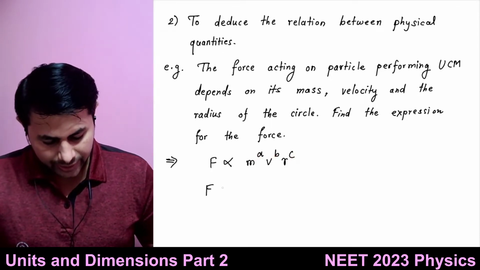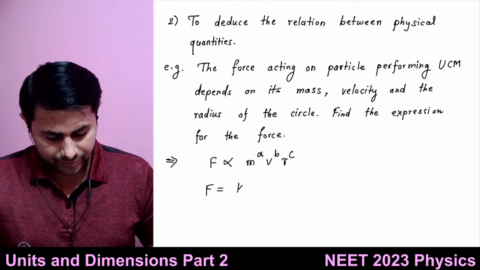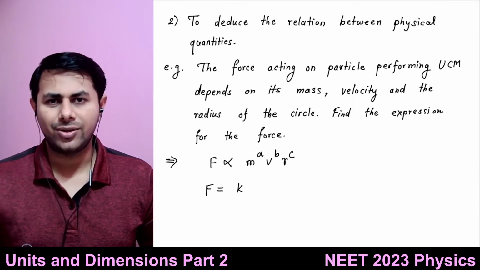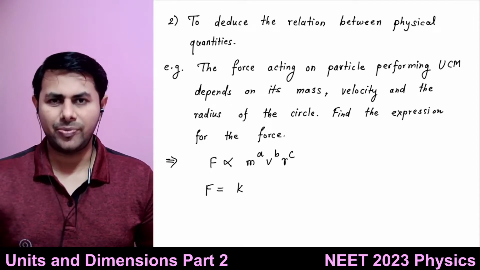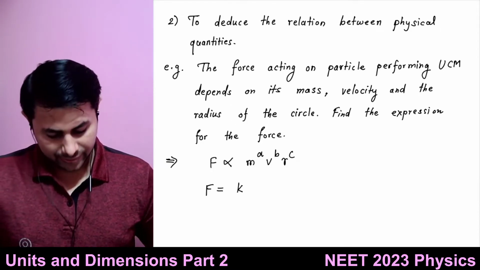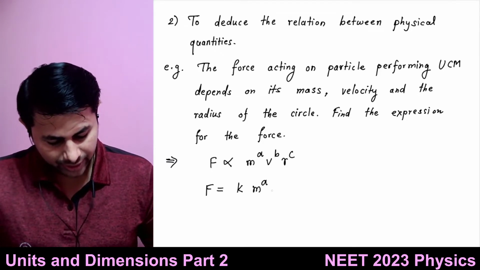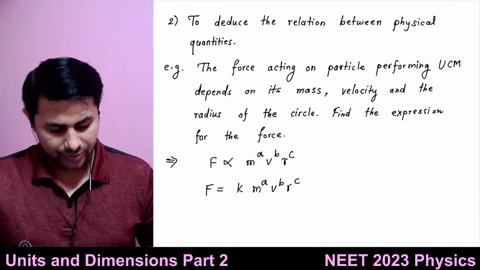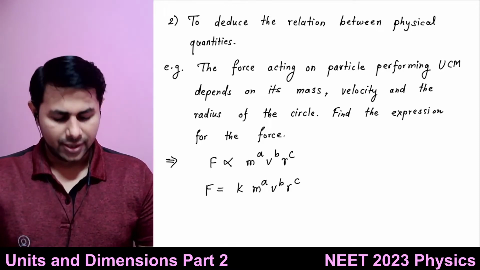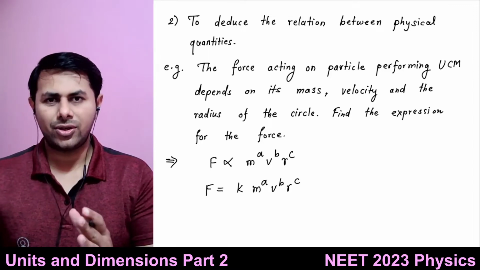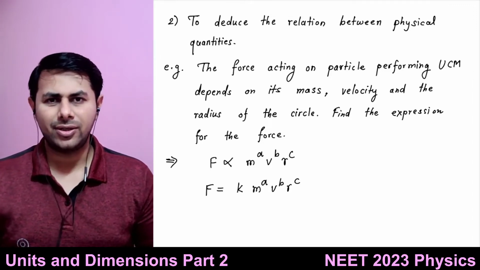So we'll write F equals some constant k, which is just a multiplicative number, a coefficient with no dimensions. F equals k multiplied by m raised to a, v raised to b and r raised to c. Now we can use dimensions. The dimensions on the left-hand side should equal the dimensions on the right-hand side.